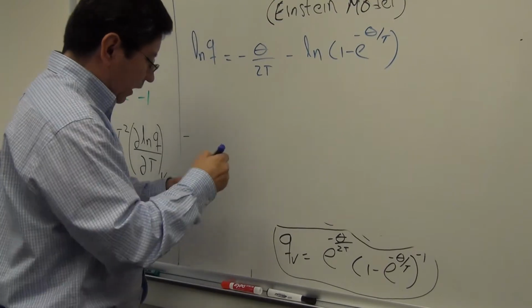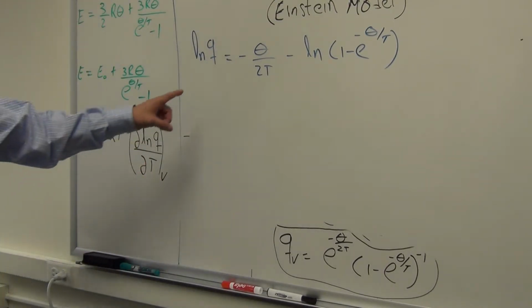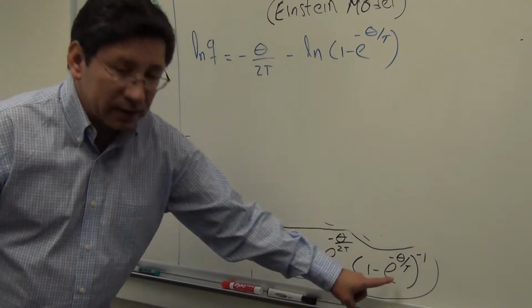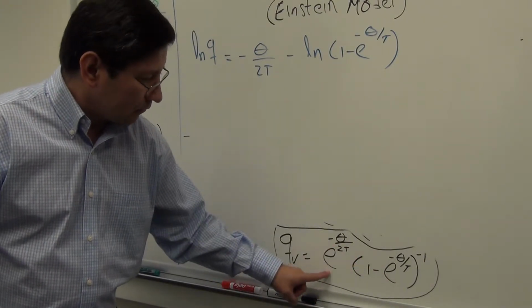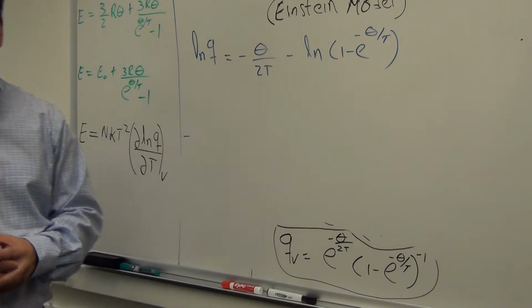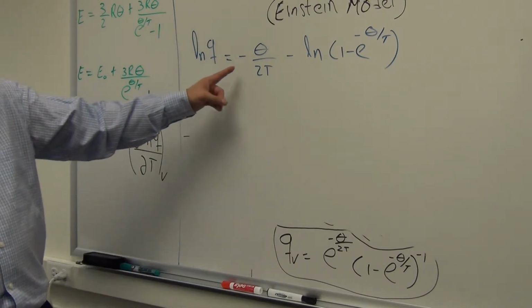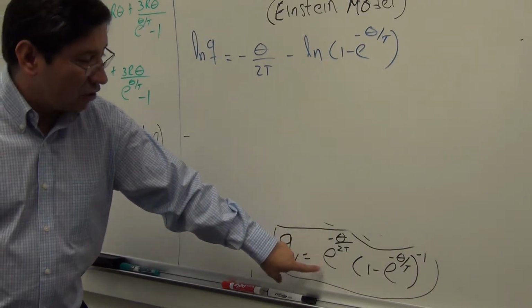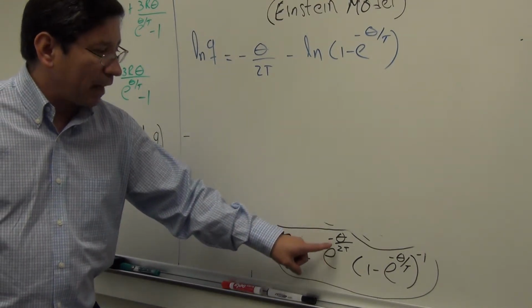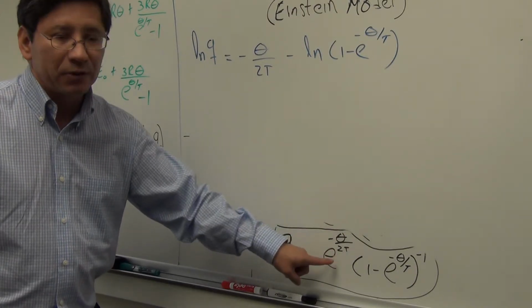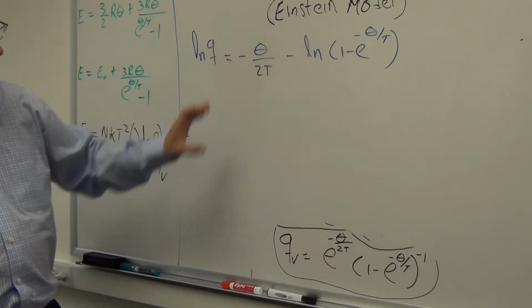Let me explain a few things. This is the product of this term and this term. The natural log of the product is equal to the sum of the logs. So the natural log of e to the minus theta over 2T is just minus theta over 2T. That's what I have here.